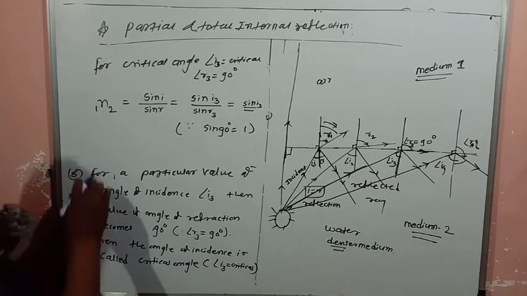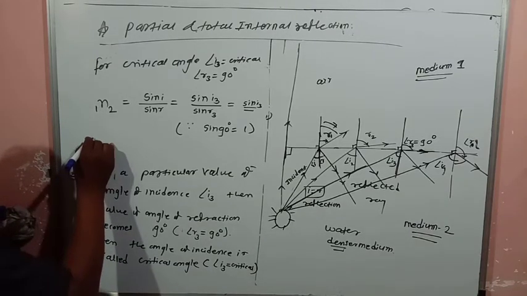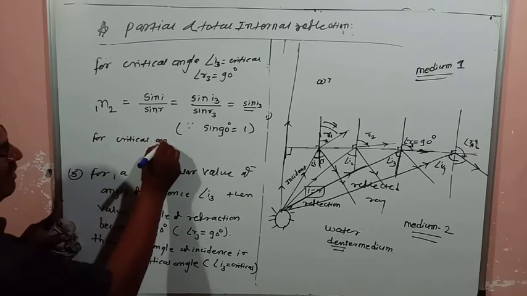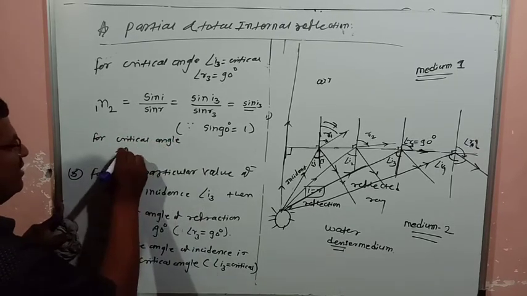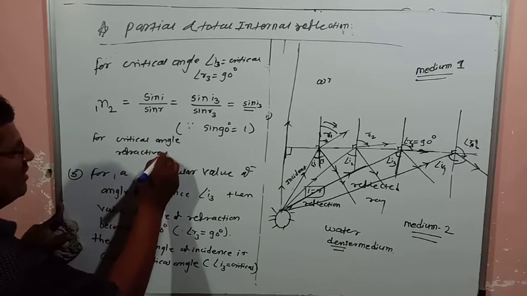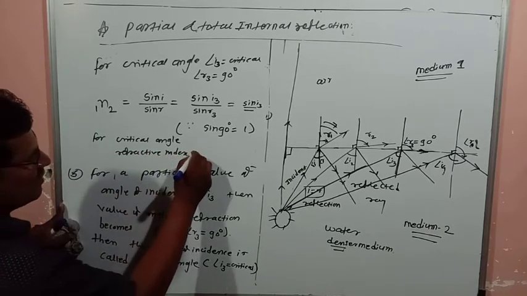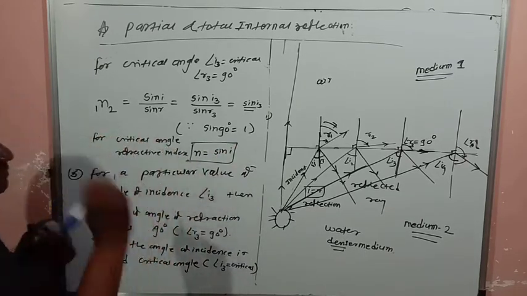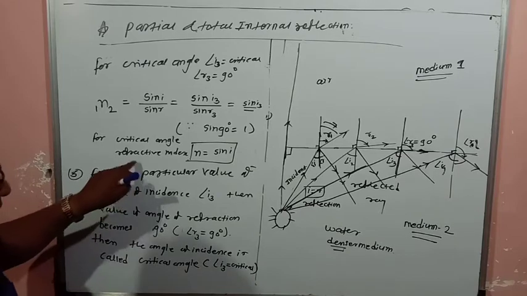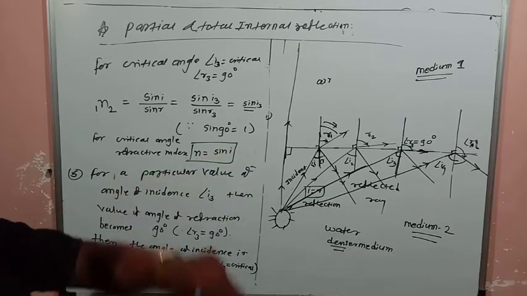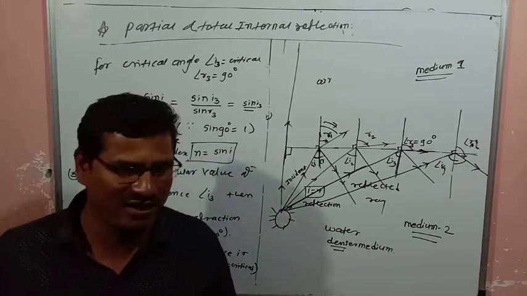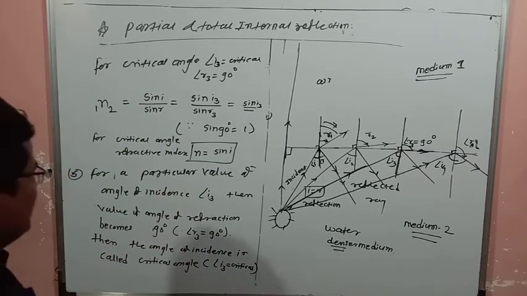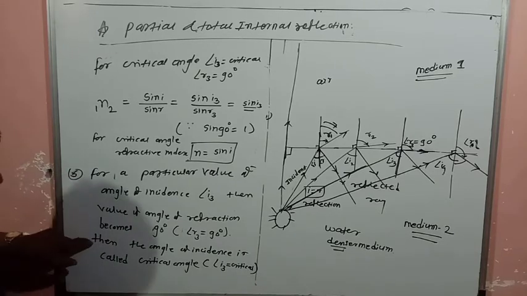So for critical angle, refractive index n is equal to sin I. n is equal to sin I. So this one, and the last point we'll see, this explanation is there.